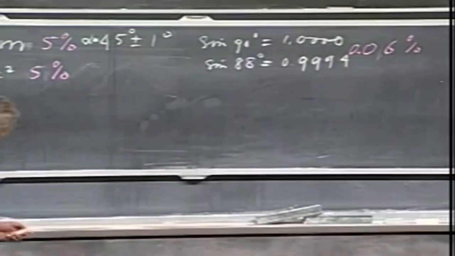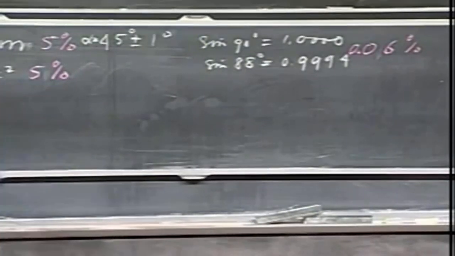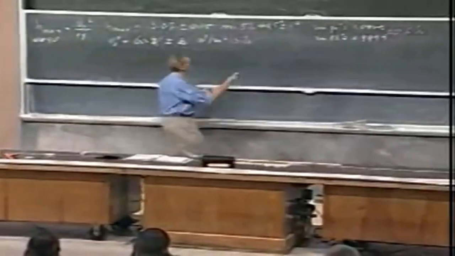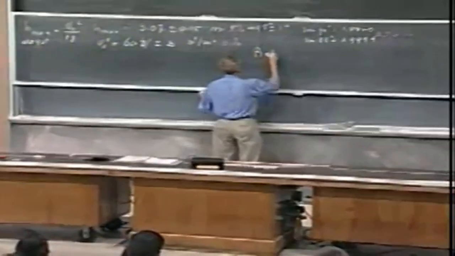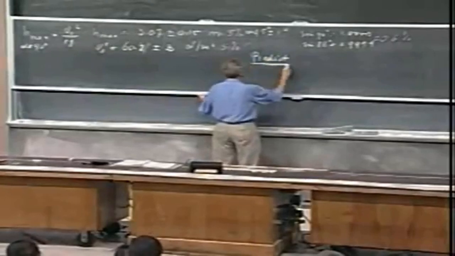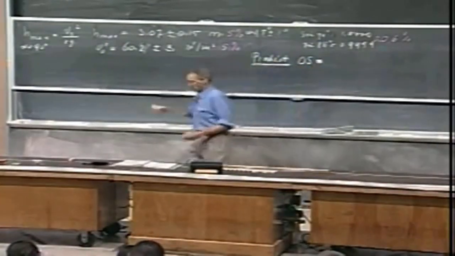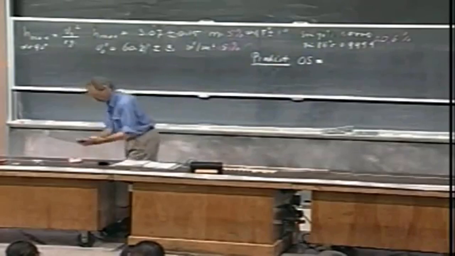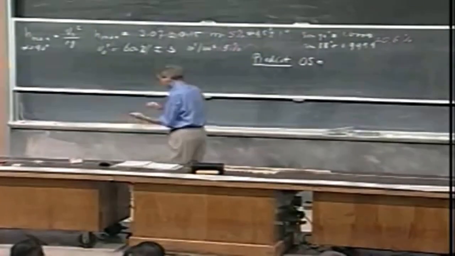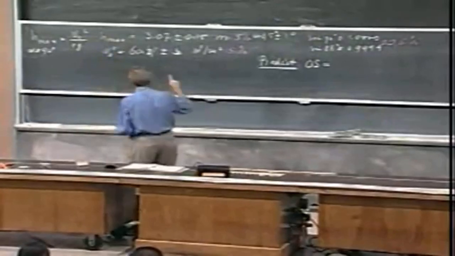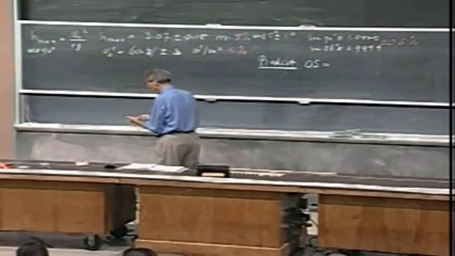And so now comes my big prediction. I'm going to make a prediction now. For 45 degrees, OS equals V0 squared. We have that is 60.2. And we have the sine of 2 alpha is 1, and we divide by 9.8.